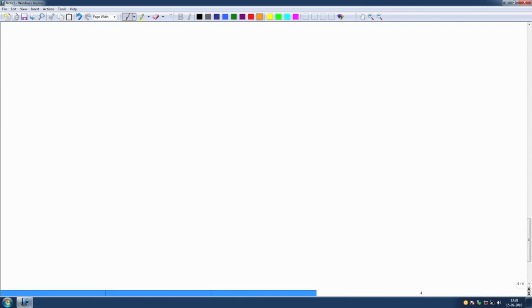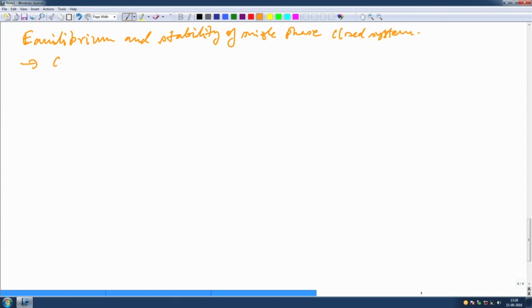Okay. Now, in the remaining time that we have, let us look at the equilibrium and stability of a single phase closed system. Okay. So, there are several possible ways. One is basically if you assume that the system is of constant volume and isolated.